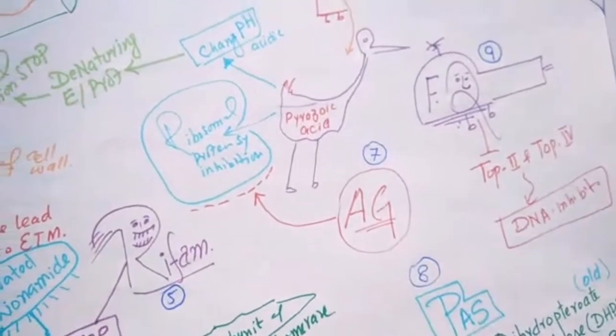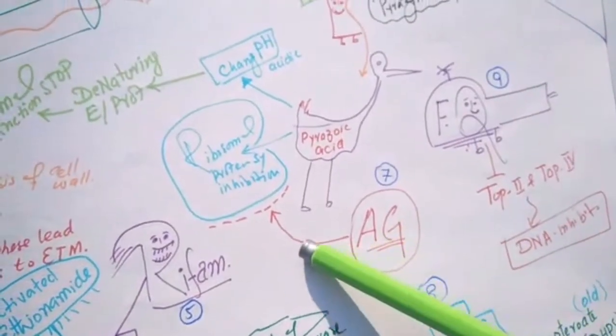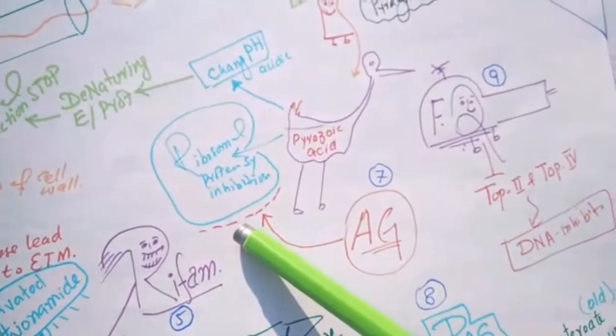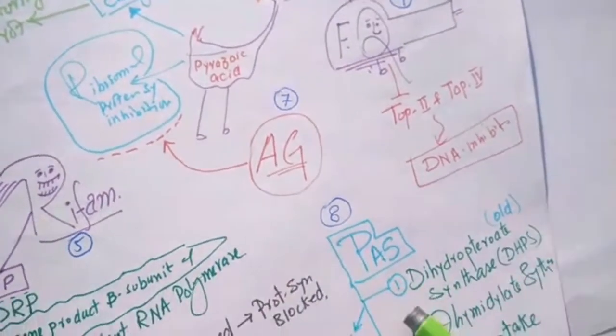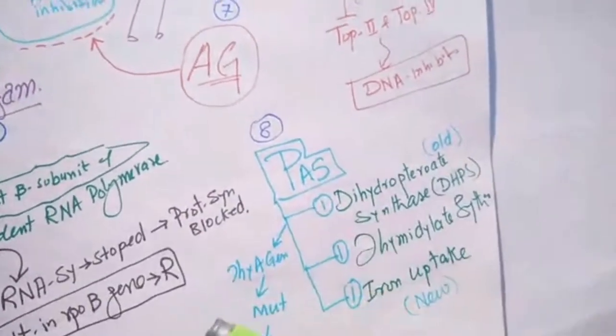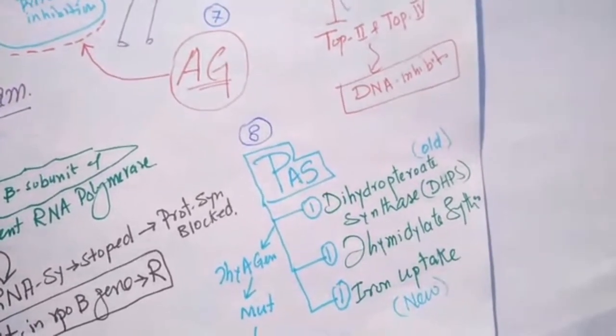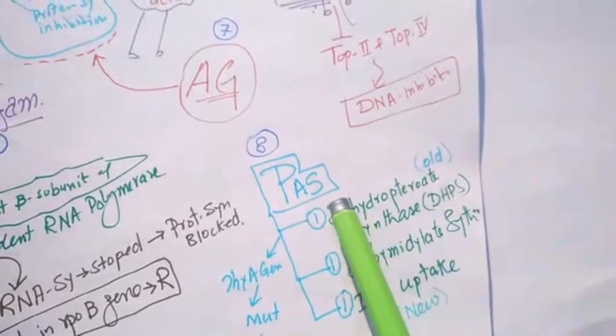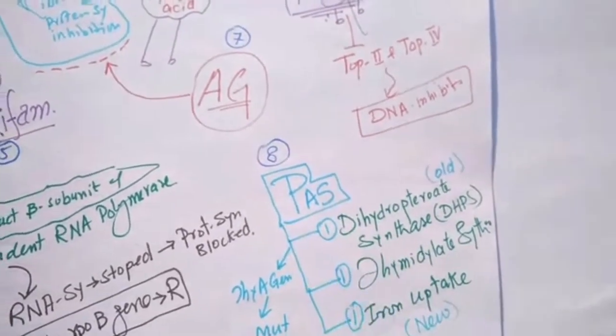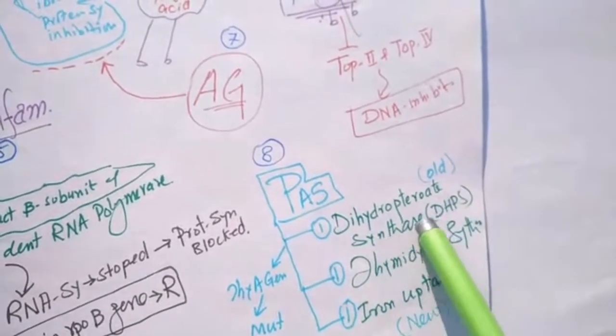The seventh drug is aminoglycoside, also acting through ribosomal protein inhibition. The eighth is para-aminosalicylic acid, PAS, which was thought to inhibit dihydropteroate synthase.